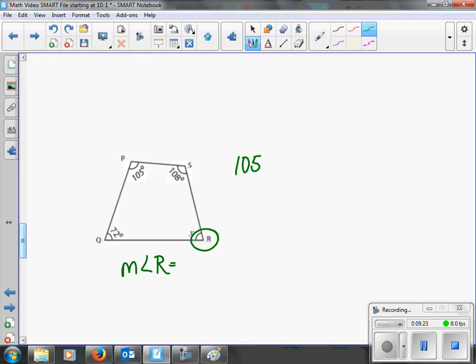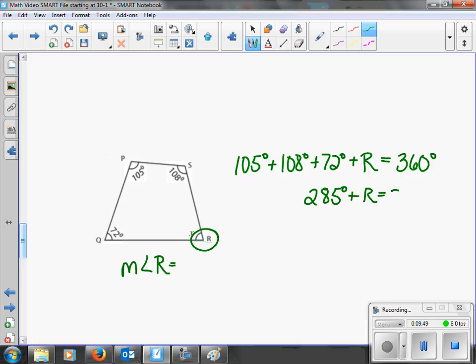So we have 105 plus 108 plus 72 plus R, whatever the measurement for angle R is, gives us 360 degrees. So we just add everything. 108 plus 72 is 180, plus 105 is 285 degrees, plus R equals 360 degrees.